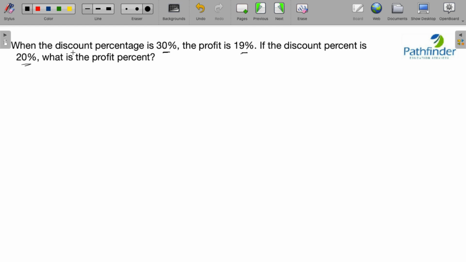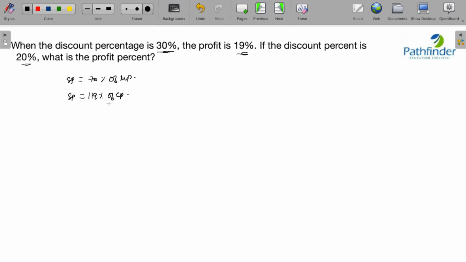But before we assume values, if discount percentage is 30%, it implies that selling price must be 70% of the marked price. This should come to you instantaneously. And if profit percent is 19%, it means selling price must be 119% of the cost price.